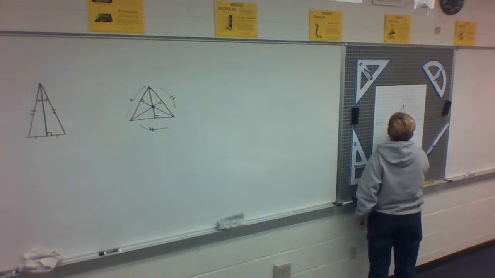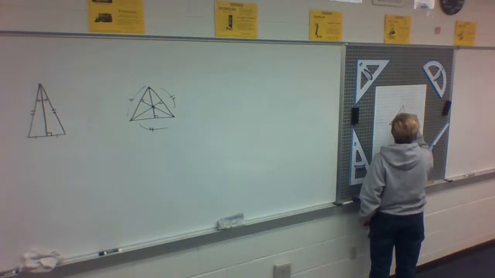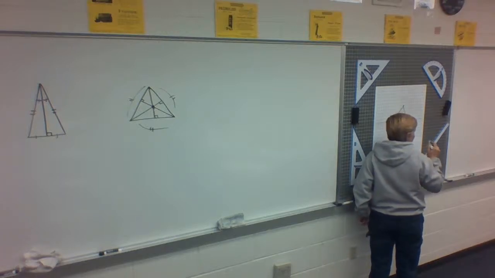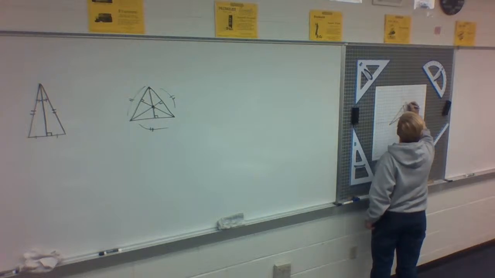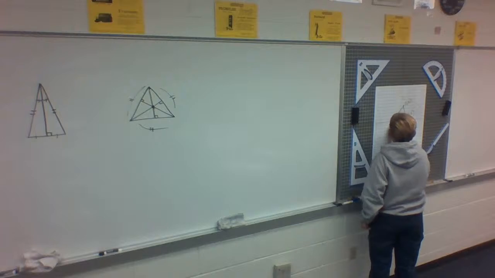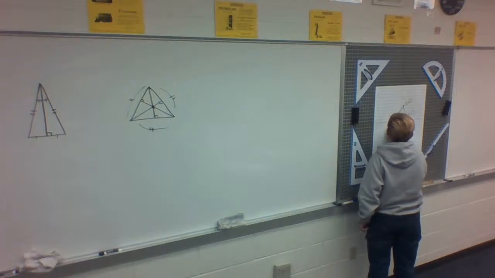The centroid's location will be the average of the x's, comma, the average of the y's. Very cool. So this point right here is 1, 5. This point right here is 2, 2. And this point right here is -5, -1.